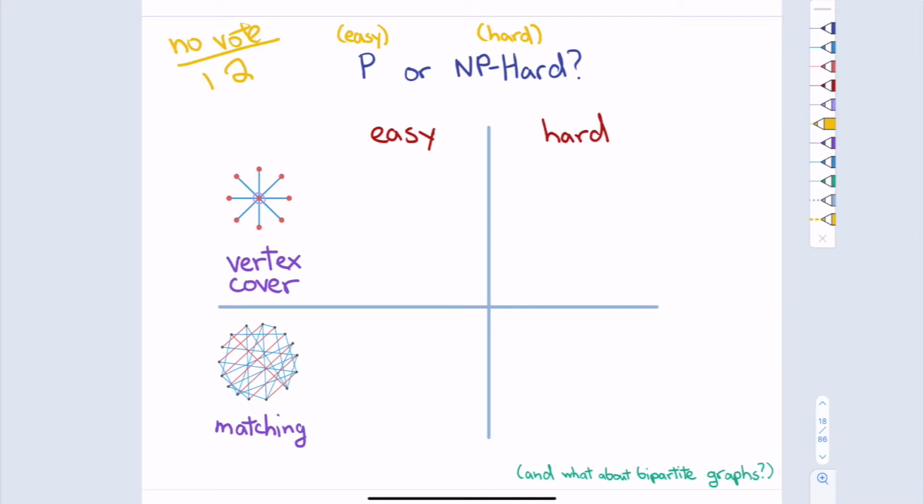Let's start with who thinks we can get a polynomial time algorithm for vertex cover? That's like 20%-ish, which is about half of the people who are going to vote, I think. And who thinks that vertex cover is going to turn out to be hard? Actually, that looks like more, maybe like 58%. Who thinks we'll get a polynomial time algorithm for matchings?